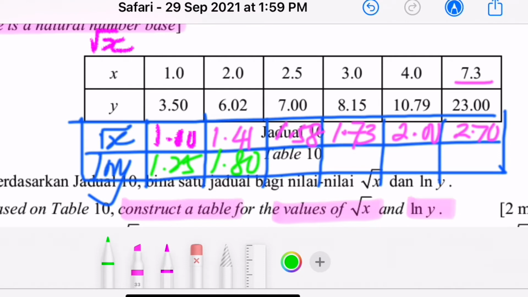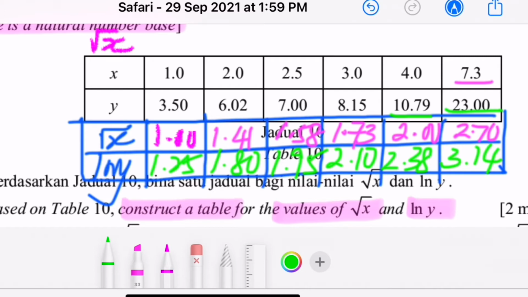Ln 7, you will get 1.95. Ln 8.15, you get 2.10. And then ln 10.79, you get 2.38. And then ln 23, you get 3.14.